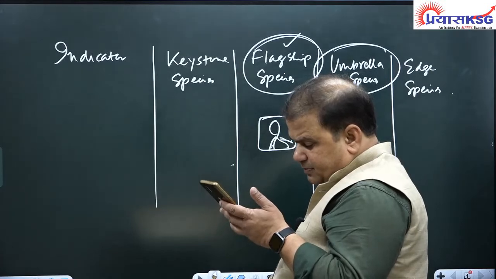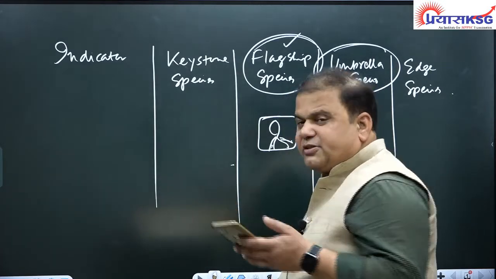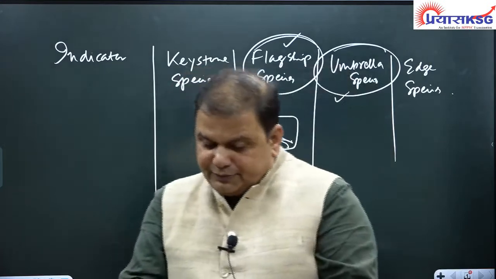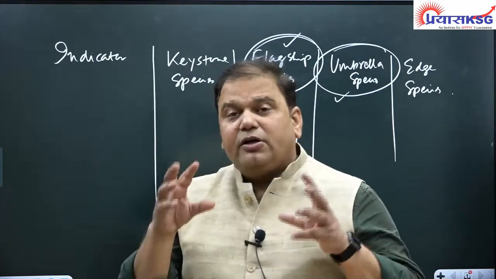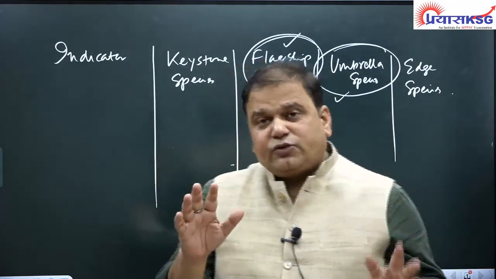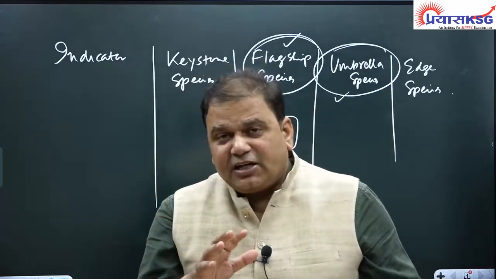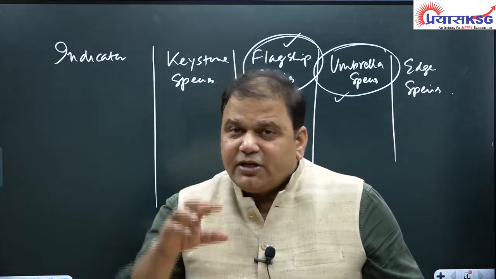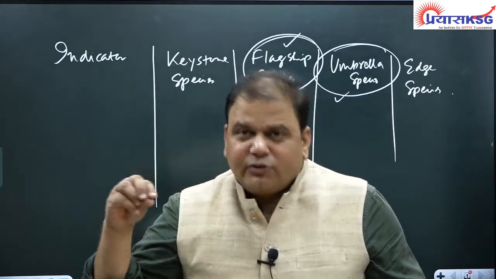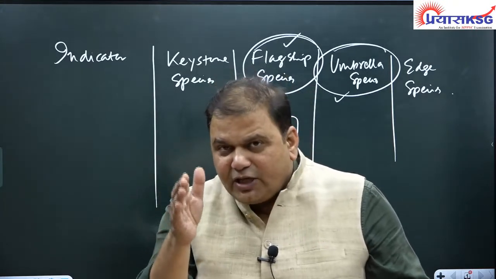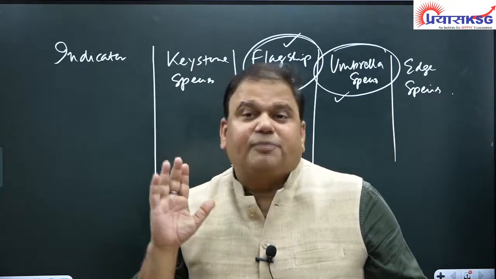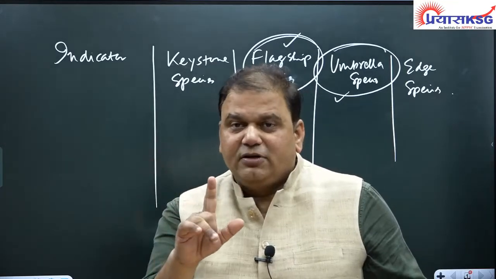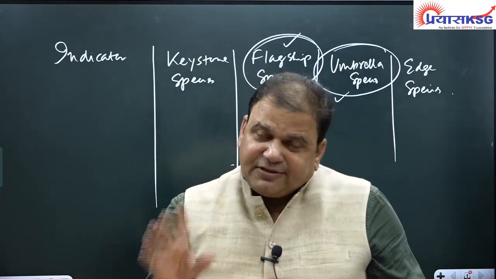Good evening everybody. Keystone species means that these species are responsible for maintaining the structure of the ecosystem. It means that if you remove the species from that ecosystem, the structure of the ecosystem would get disrupted. They can be both plants and animals.